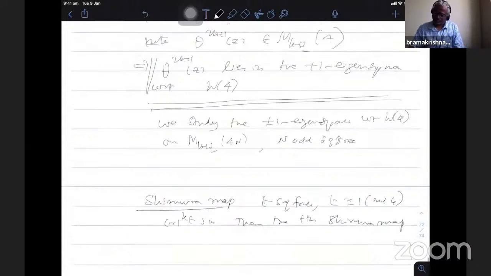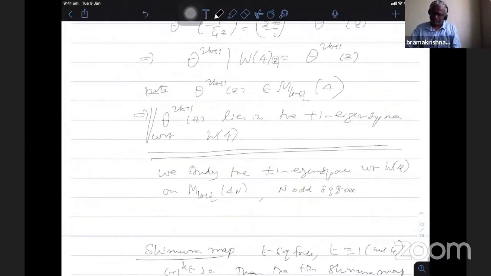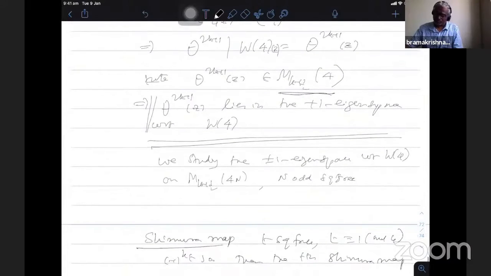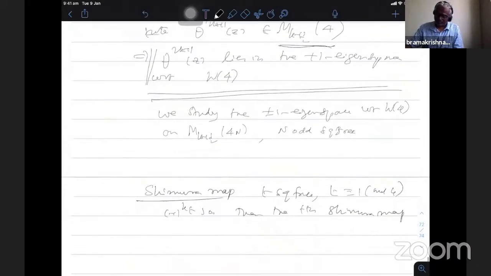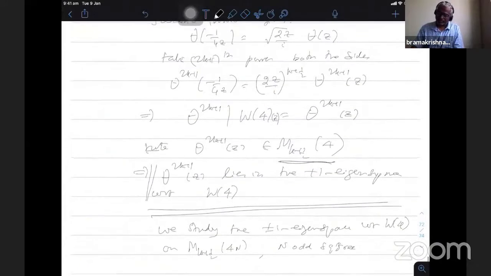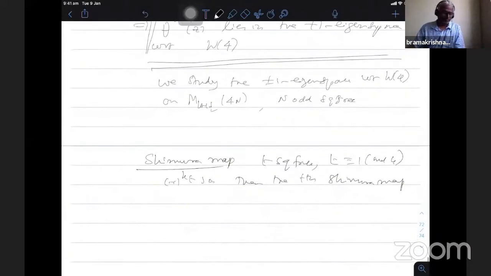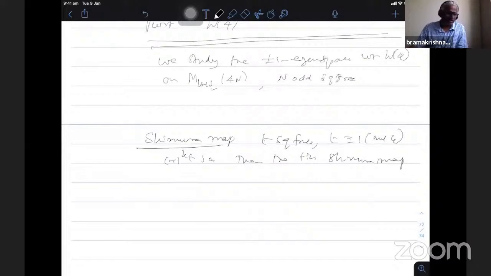Note that the Shimura map was defined on cusp forms, and when the level is level 4 only, Cohen introduced, extended the definition of the Shimura-Cohen map on this space. But when you talk about more general level 4n, n odd and square free, I think there is a work of Wang and Pei who introduced the Shimura map for the non-cusp forms.